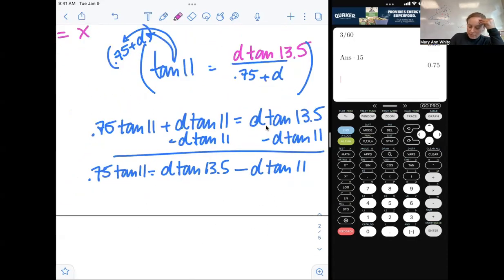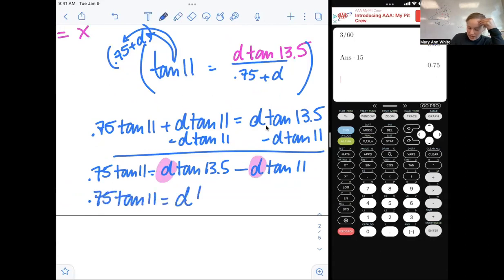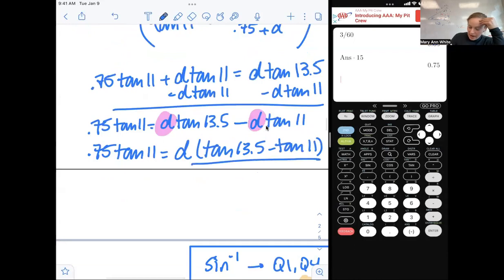Let's factor a D out of both of these. So 0.75 tan 11 equals D times tan of 13.5 minus tan 11. And then let's divide by that tan of 13.5 minus tan 11 from both sides.